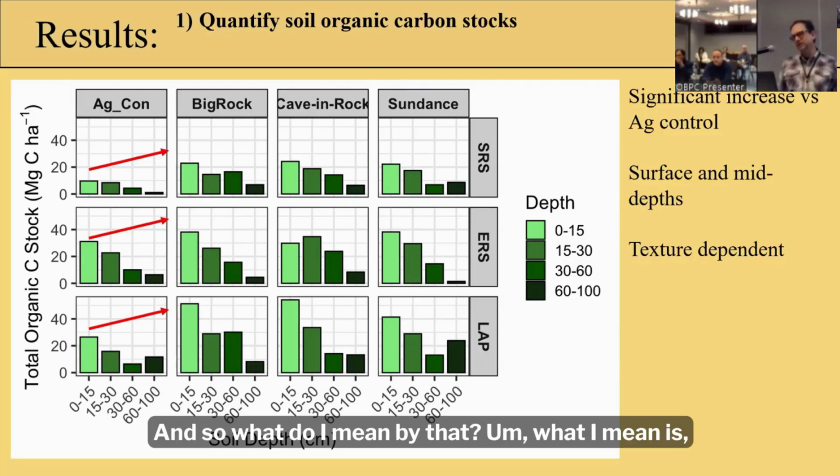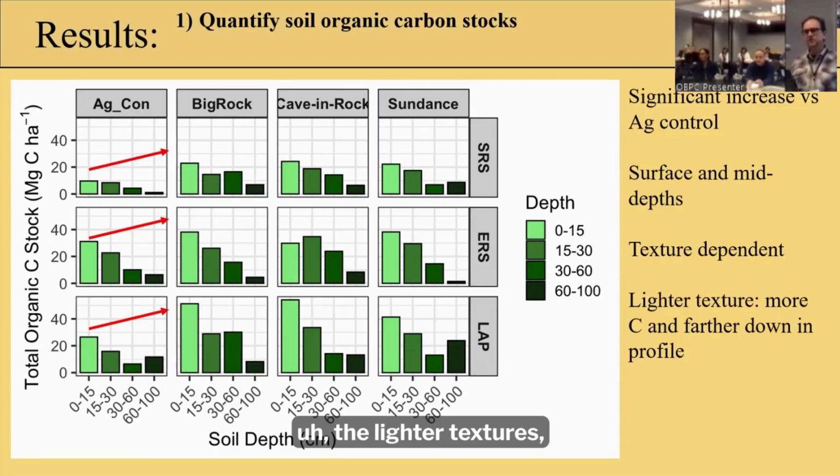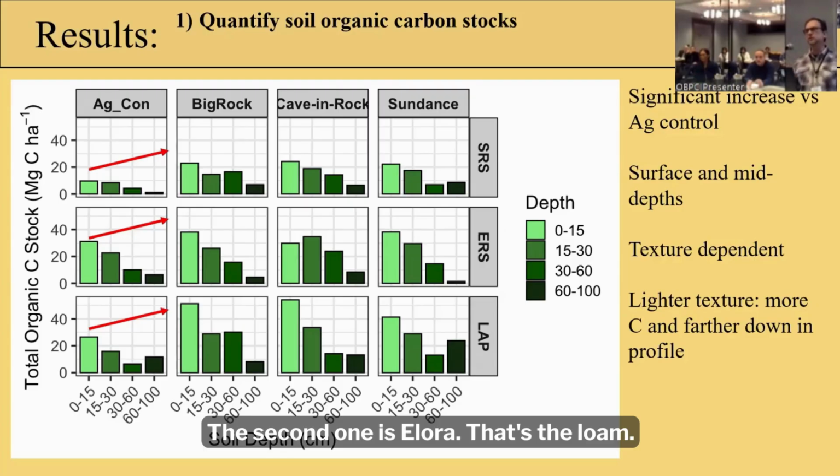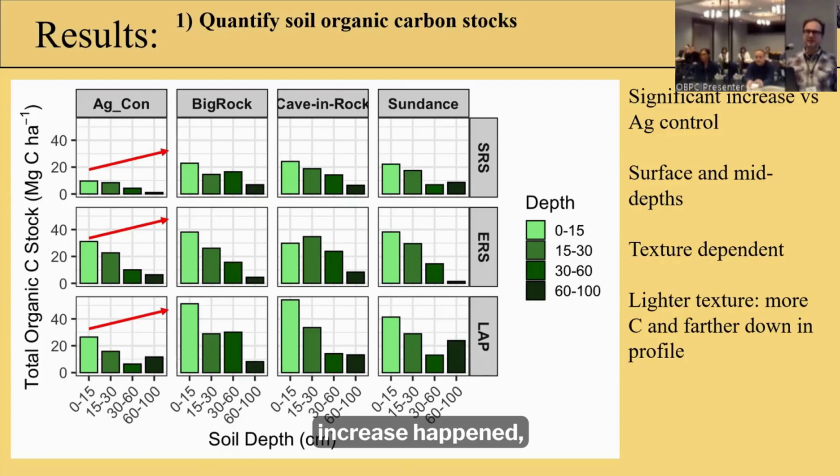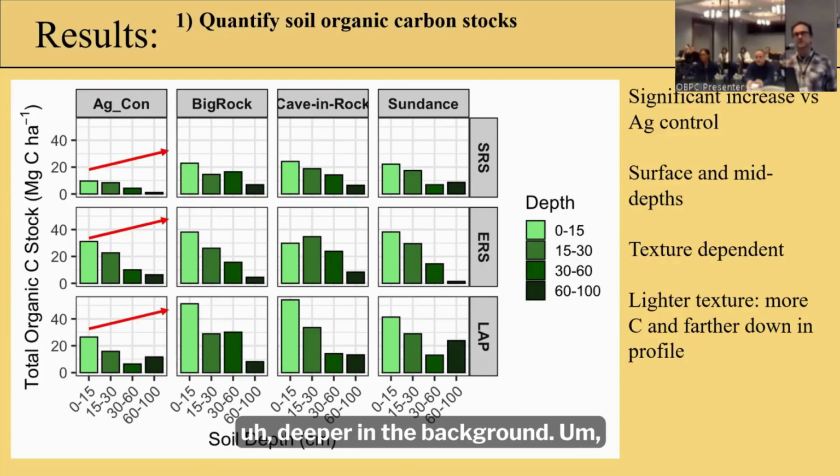And so what do I mean by that? What I mean is the lighter textures, which we have at the first two. SRS is Simcoe, so that's the sand. Second one is Elora, that's the loam. You would find that actually that carbon increase happened deeper in the profile.